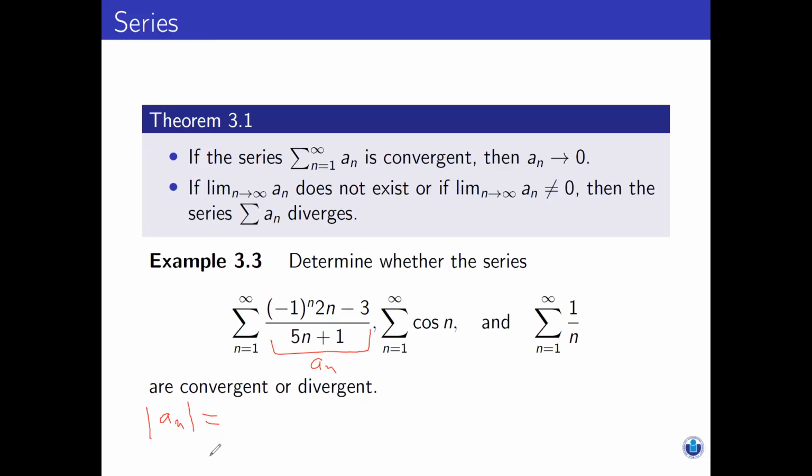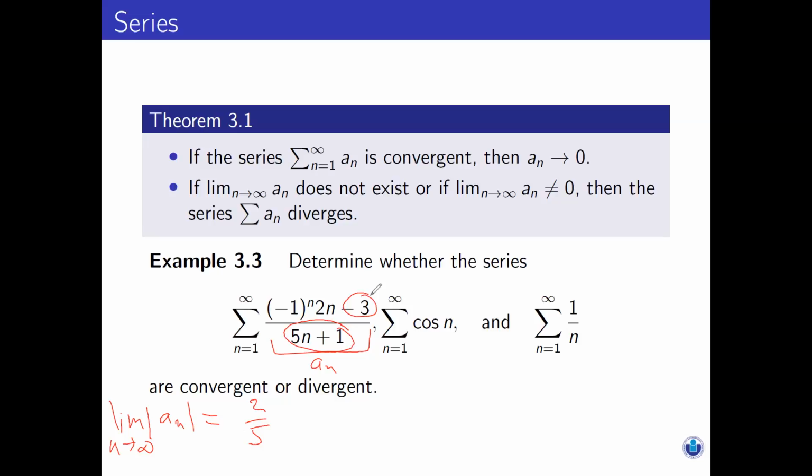Let's do this. So the limit of the absolute value of an is this 2/5, and you can see that because this one is very small compared to this one.